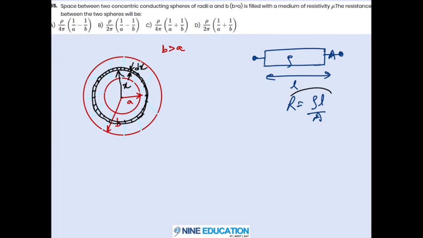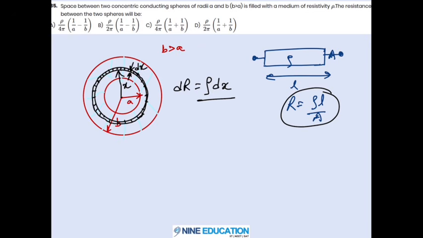Then apply the same kind of formula here. So resistance dR, why dR? Because thickness is very small, so resistance is also small, is equal to rho, because the resistivity is rho, into length. Basically dx is the length, divided by area of cross section.